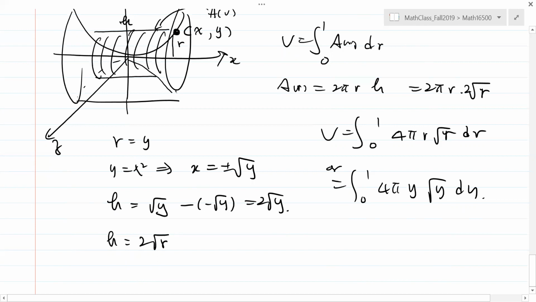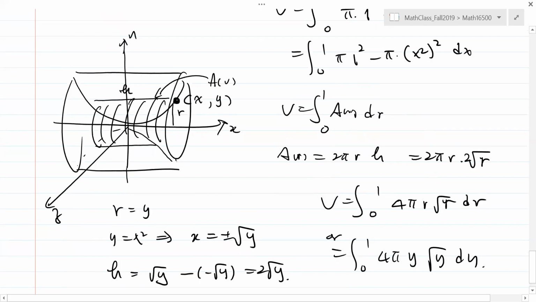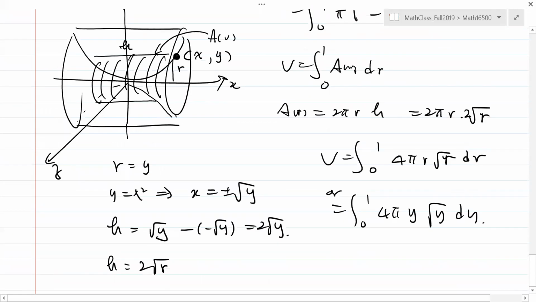The only formula you need to memorize is just integral of 2πR h dR. But you have to figure out what is R, what is H. Later on you can use X variable or Y variable. Technically you can use X variable, not necessarily Y variable here, because X is square root of Y. But it's just a little bit more complicated.